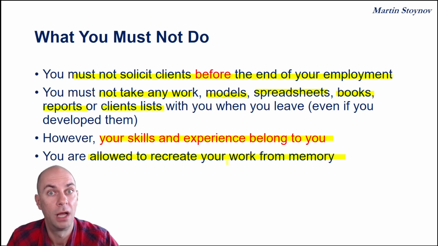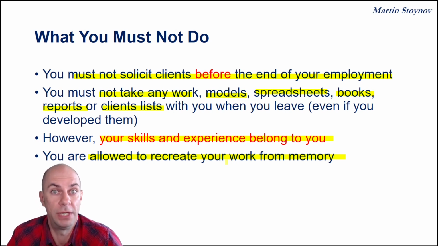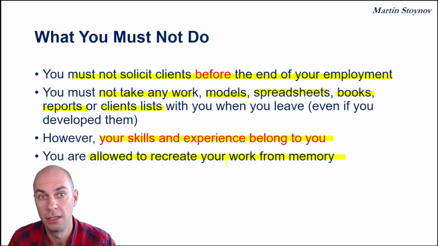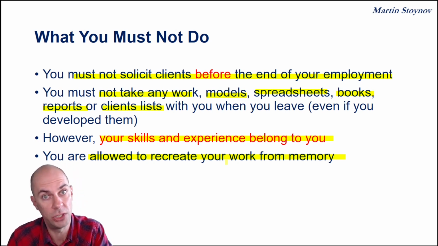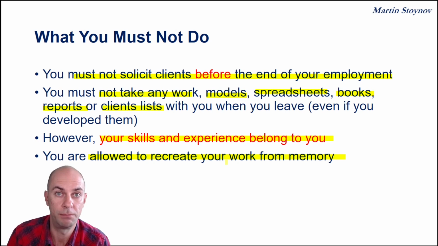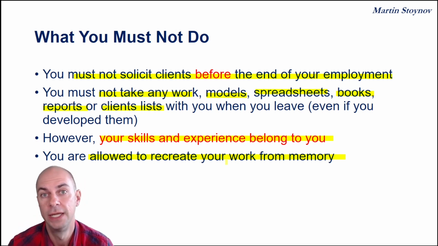So you are allowed to contact clients after leaving your employer if you simply know they exist. Of course, if you took the client list and then were using the client list to contact your clients, that'll be a violation because you will have effectively stolen property from your employer. But if you're doing this from memory, if you're redeveloping models from memory, this is absolutely fine.